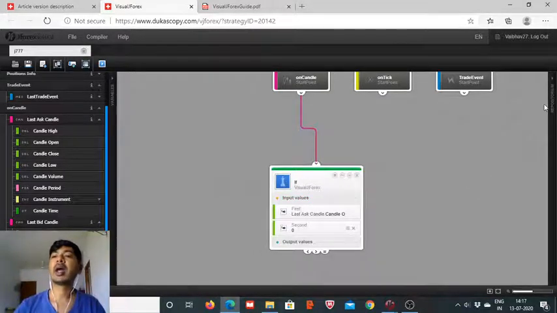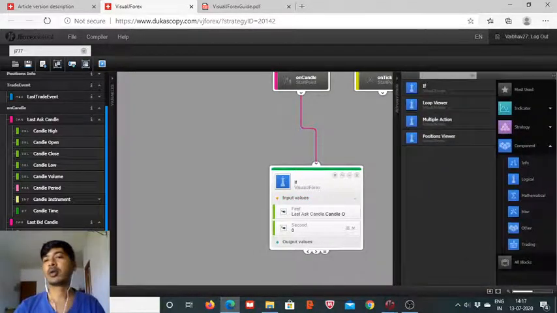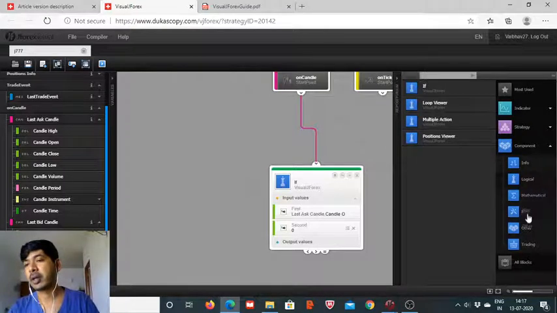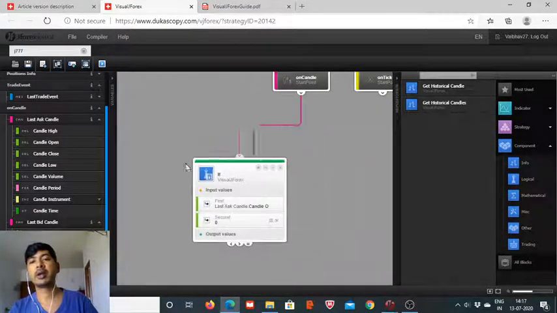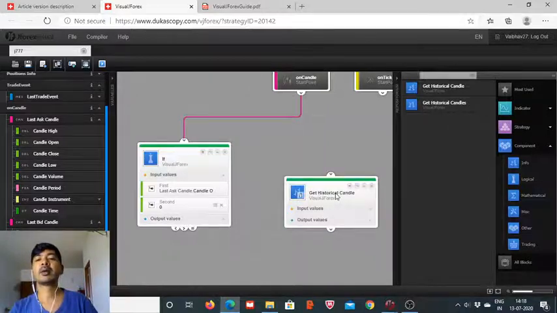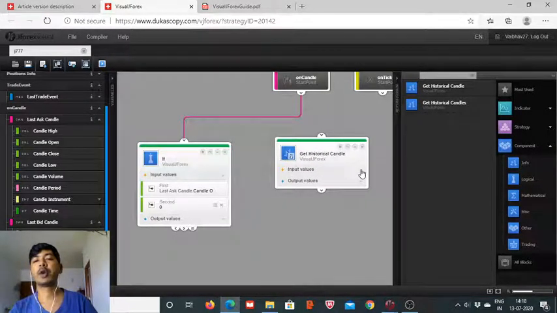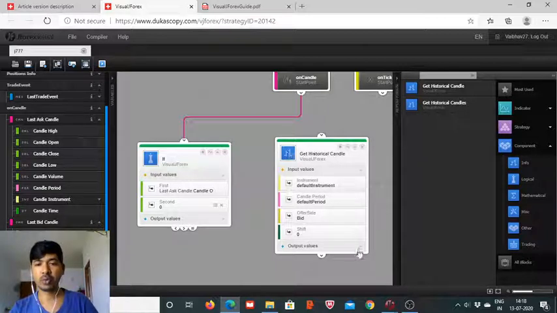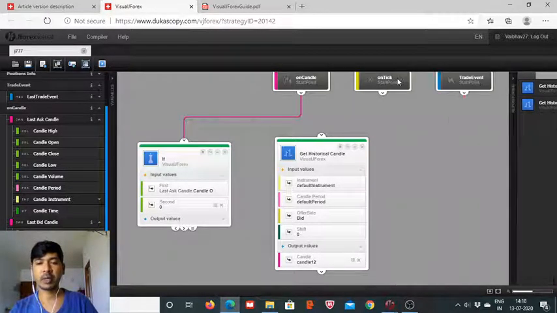Suppose you bring in an additional block, suppose you bring in historical candle. So here let us take the info, and if we get any historical candle, then you will have the option to take this output value.